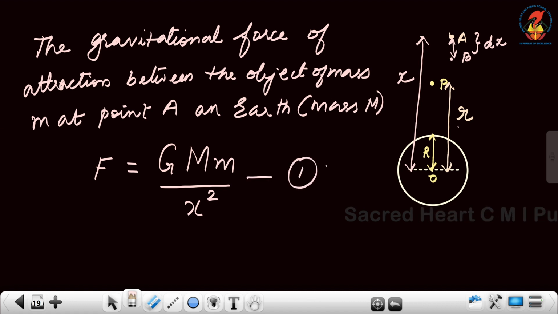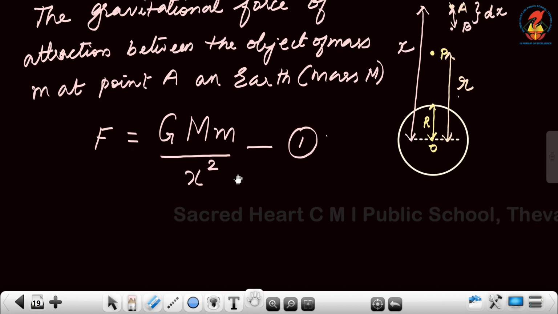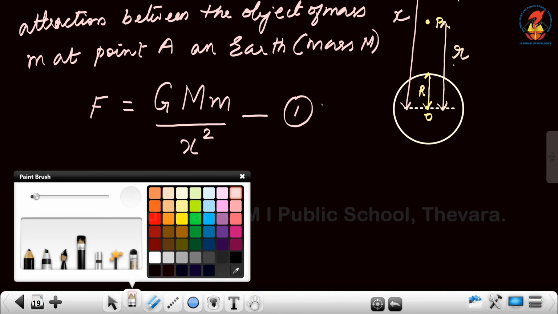Now what is my next step? I am going to move the object from point A to point B. For that, I am going to do a small amount of work.